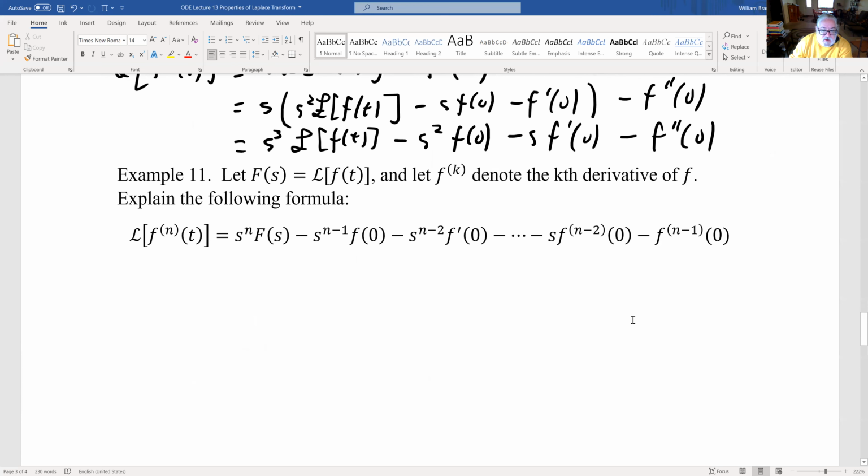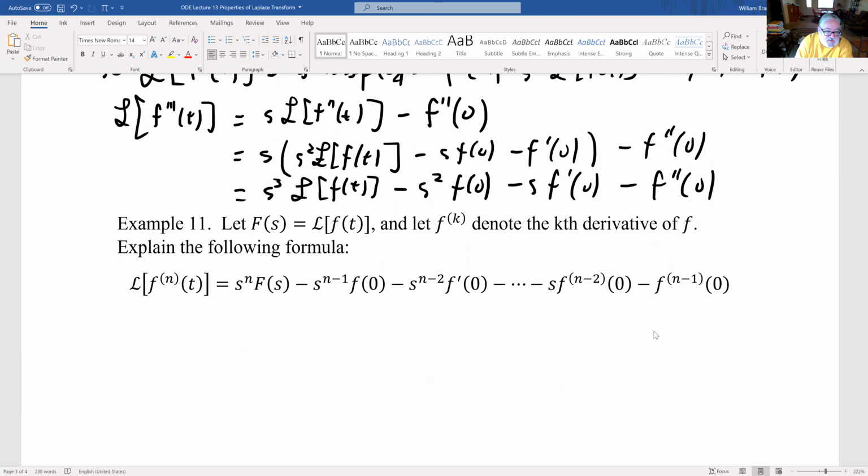So we can keep going on and on and on. If F of s is the Laplace transform of f of t, and if we have f with little parentheses around a k as the exponent, that's usually the kth derivative of f. So what are we getting? The Laplace transform of the third derivative is s cubed times the Laplace transform of f minus s squared f of 0 minus s f prime of 0 minus f double prime of 0.